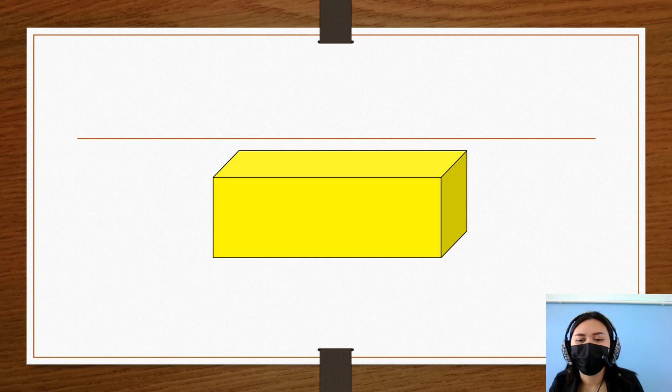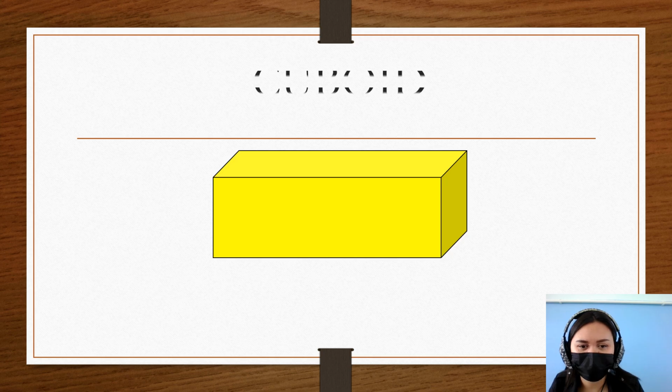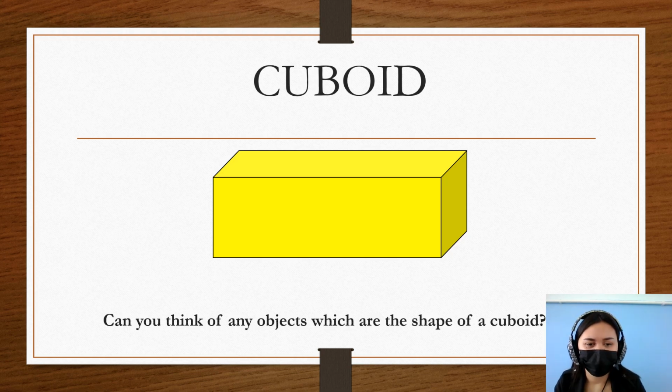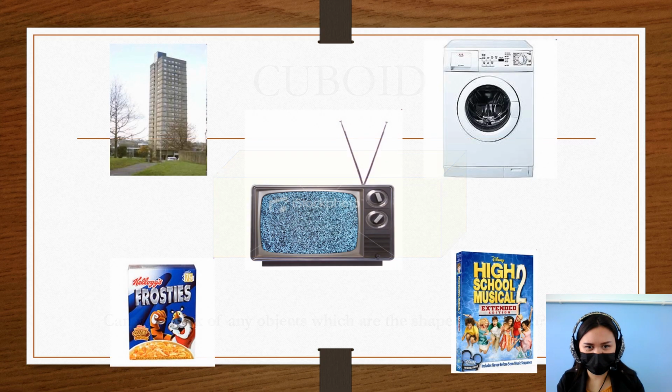How about this 3D shape? What's the name of this one? Oh, so we call it a cuboid. Everybody say cuboid. Can you think of any objects with the shape of a cuboid? Let's find out. Ta-da!